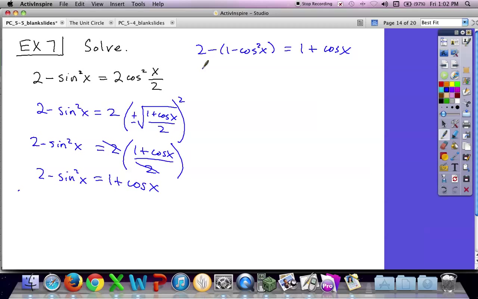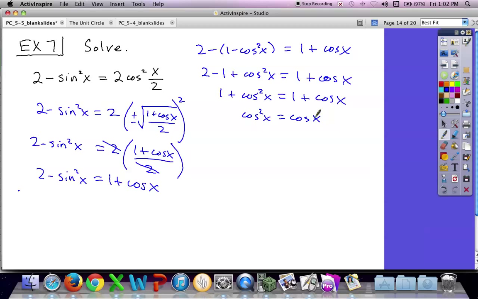So 2 minus 1 plus cosine squared x. So this would be 1 plus cosine squared x equals 1 plus cosine x. Subtract 1 from both sides. Cosine squared x equals cosine x.